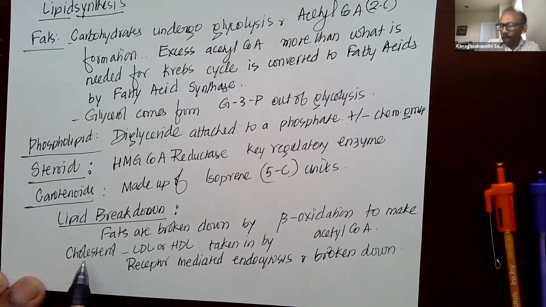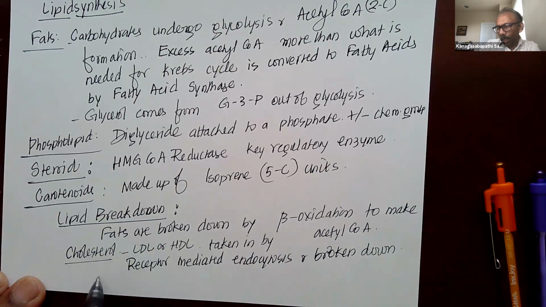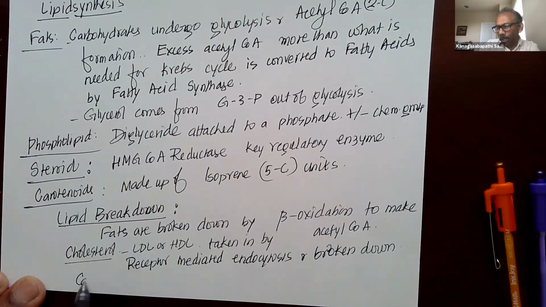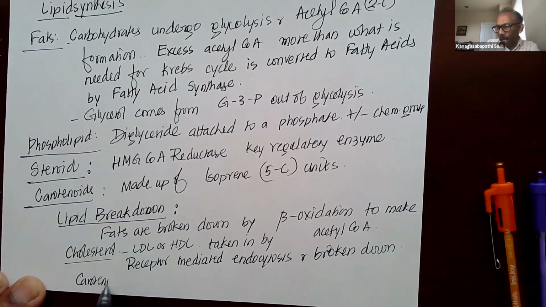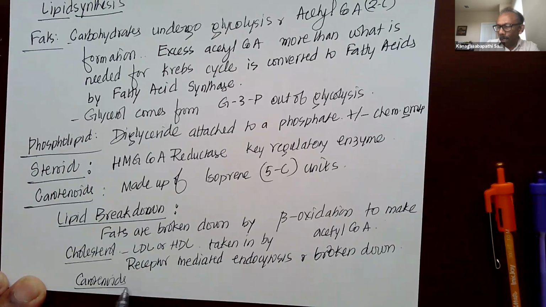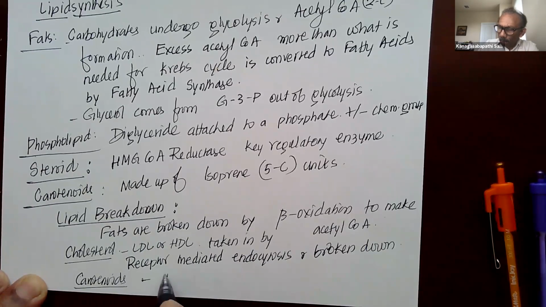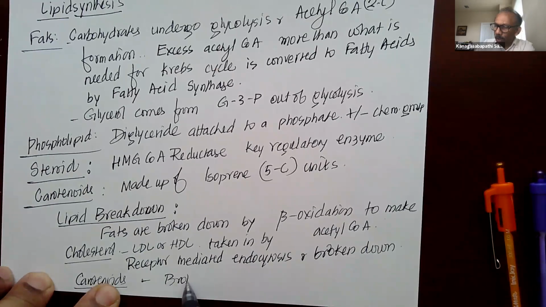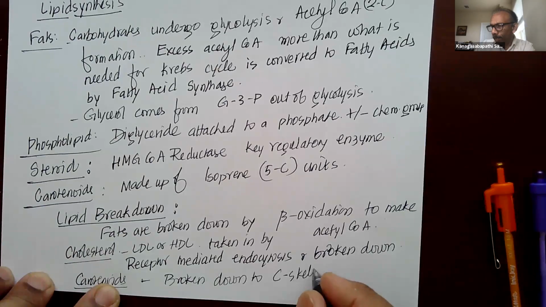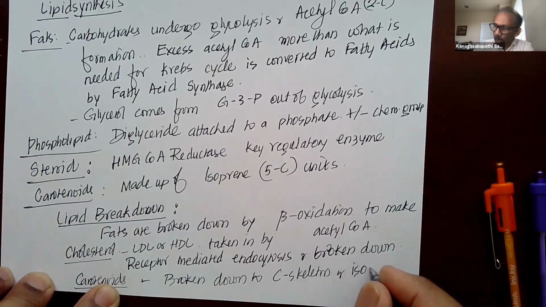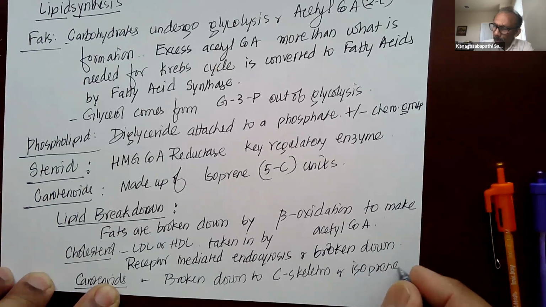And the others, carotenoids, would be broken down into isoprene units, or to a carbon skeleton, or isoprene units, which is a 5-carbon molecule.